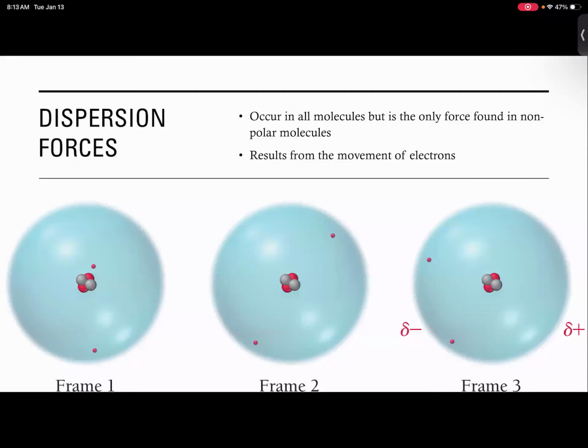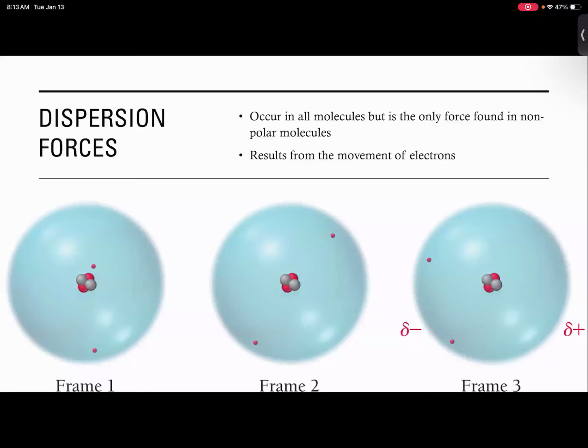Because we have an electron-dense area, now we have a partial negative, because electrons carry with them that negative charge. And if we have an electron-poor area, that means it's going to have a partial positive charge because there are no electrons there. This is what causes the dispersion forces.